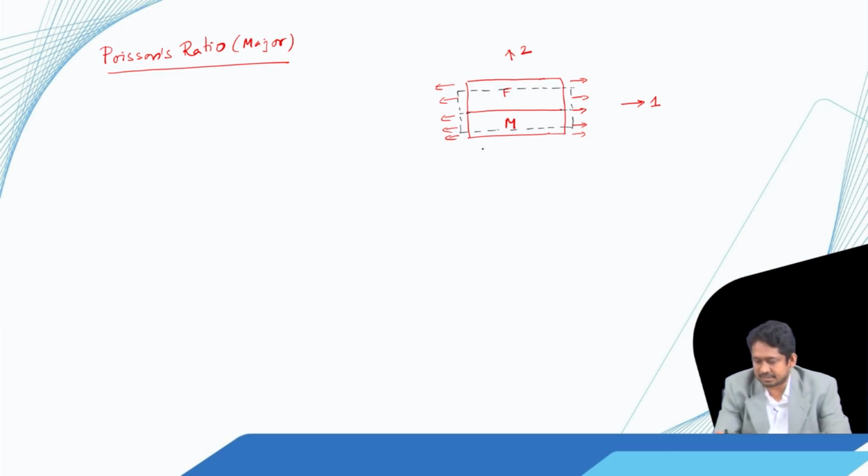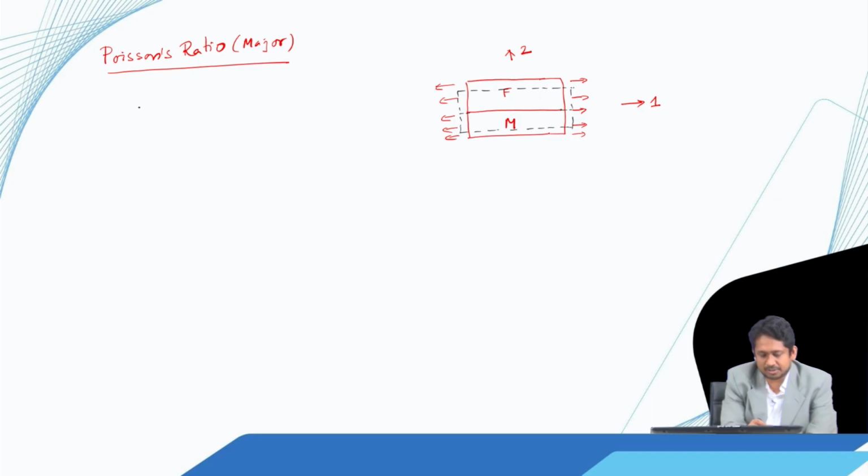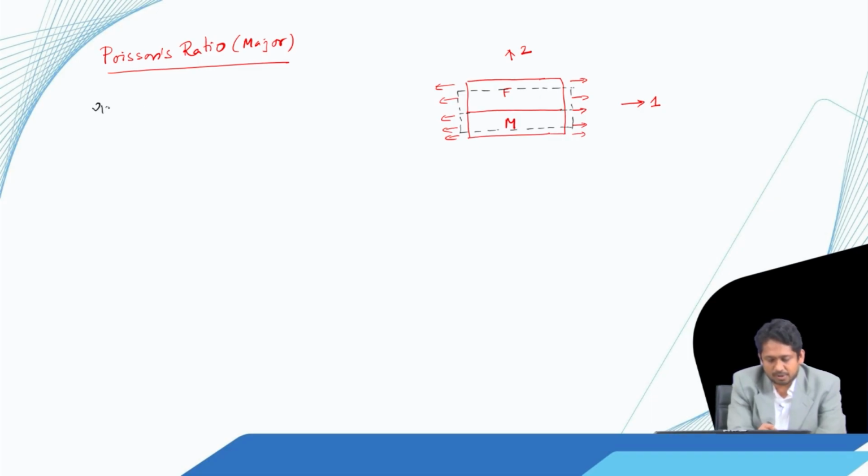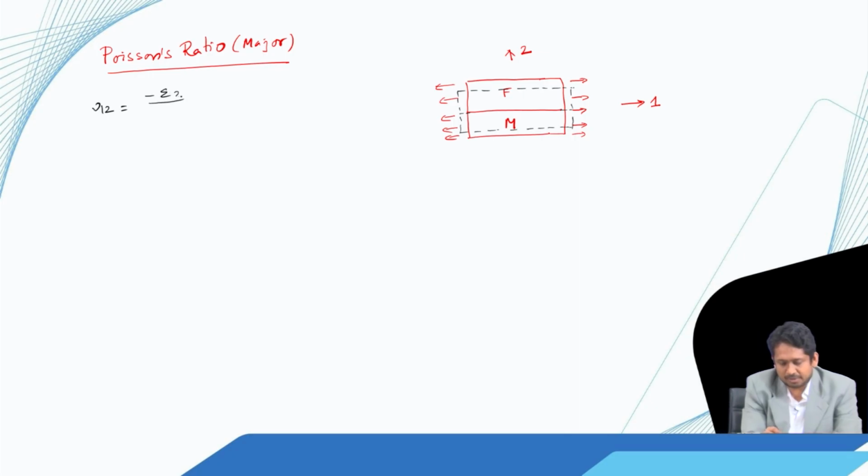Now, the ratio of the lateral strain in direction 2 divided by strain in direction 1 is called Poisson's ratio. So, nu 1 2 is minus of epsilon 2 by epsilon 1. So, this is Poisson's ratio, the major one, and we have put negative sign here because we want this quantity to be positive.